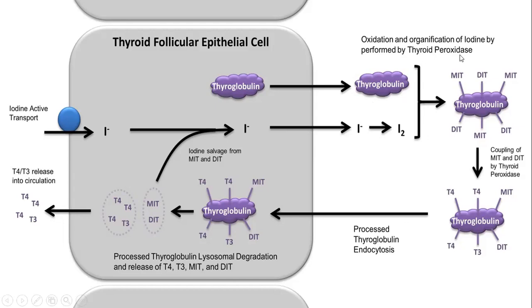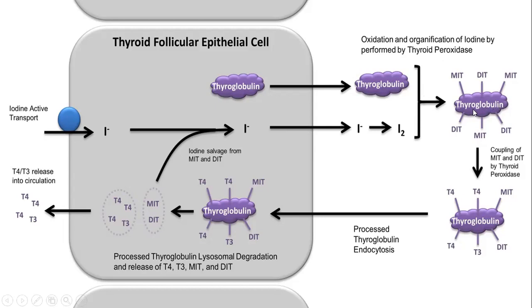Now, thyroid peroxidase is found in the colloid. It converts iodide ion into I2, diatomic iodine, oxidizing iodine ions present in the follicular lumen. Thyroid peroxidase organifies the generated iodine by covalently linking it with the tyrosine residues found in the thyroglobulin.